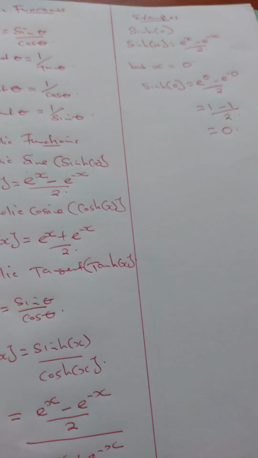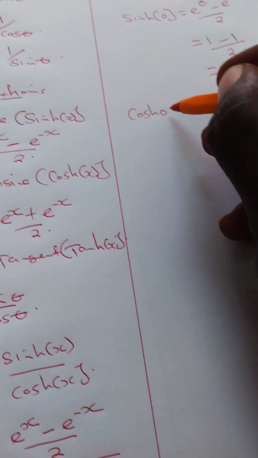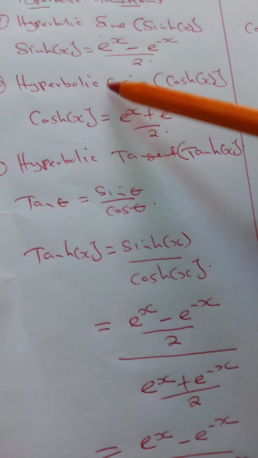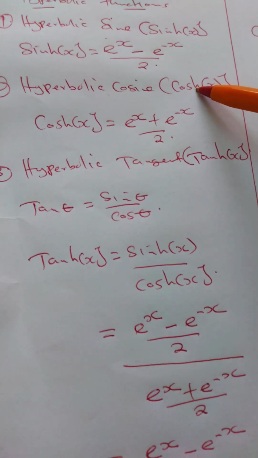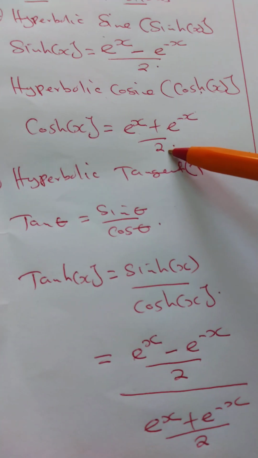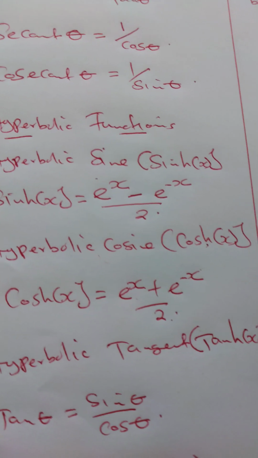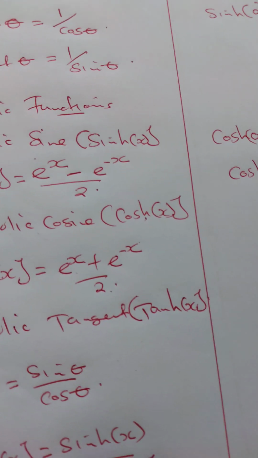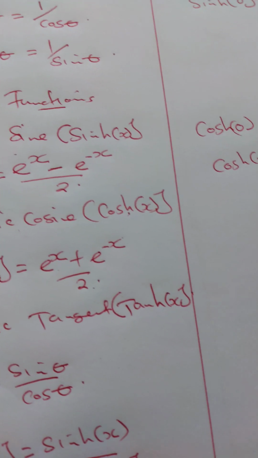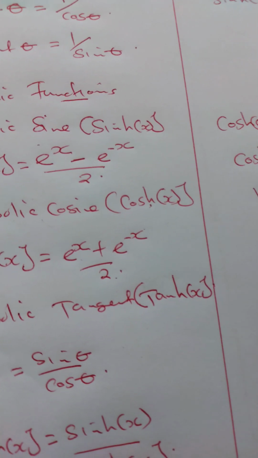Another example is finding the hyperbolic cosine of 0. From the formula, the hyperbolic cosine is exponential of x plus exponential of negative x all over 2. In our case, x is equal to 0.